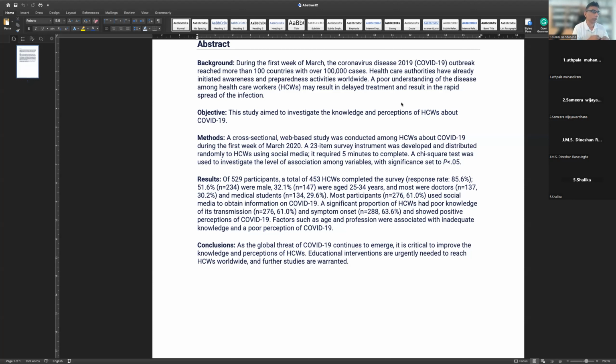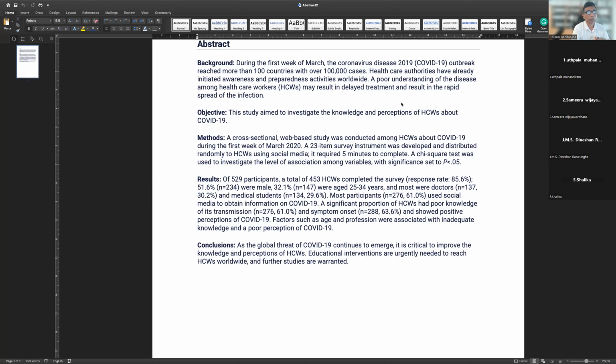Sometimes it's not a one-time task. We have to do it several times, reading and editing, to make the number of words tally with the abstract guidelines.